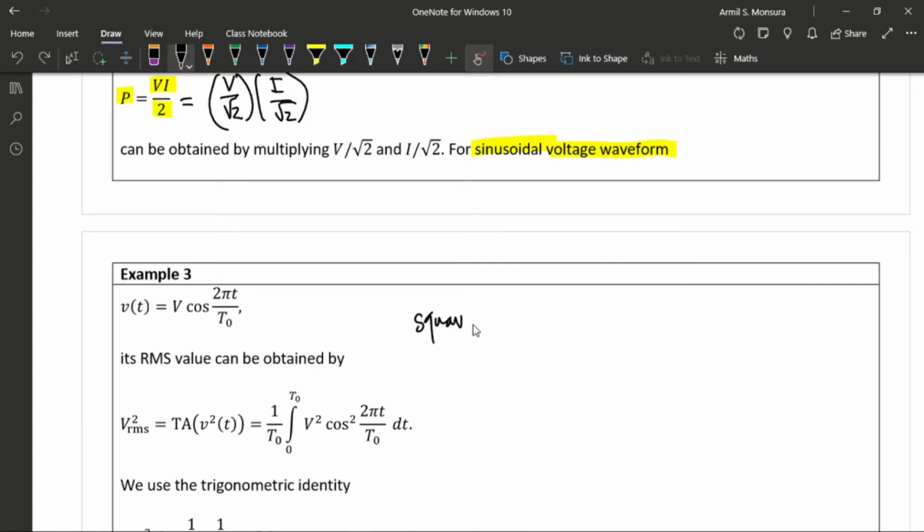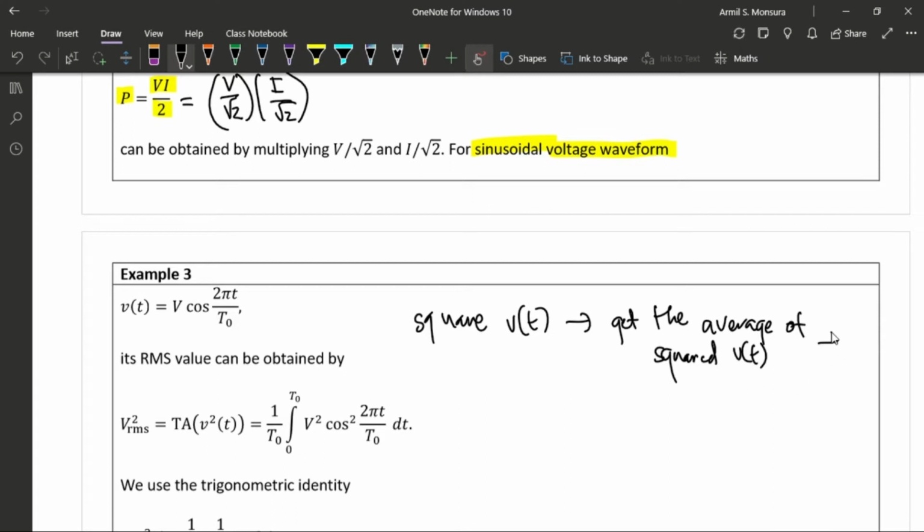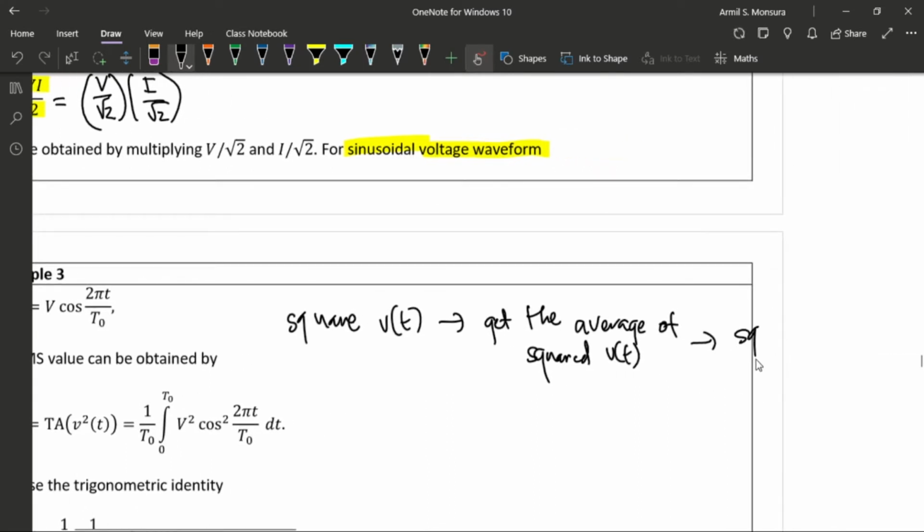So let's square the voltage waveform, and then get the average of the squared voltage waveform, and then we take the square root of this average.